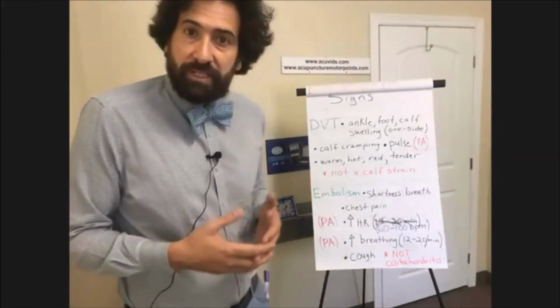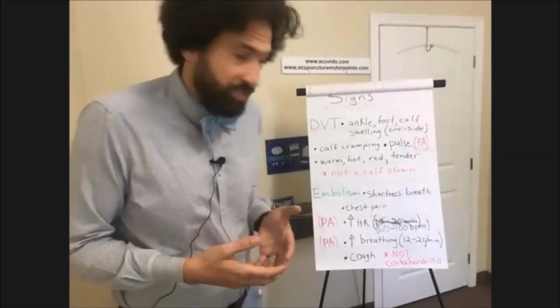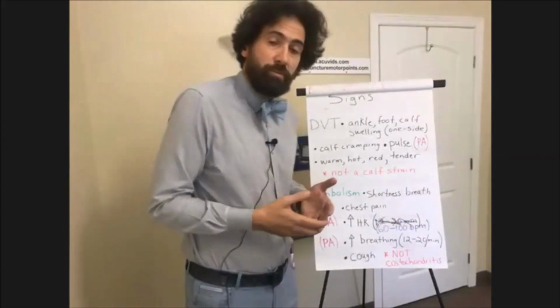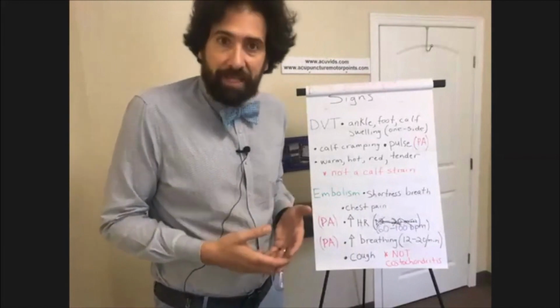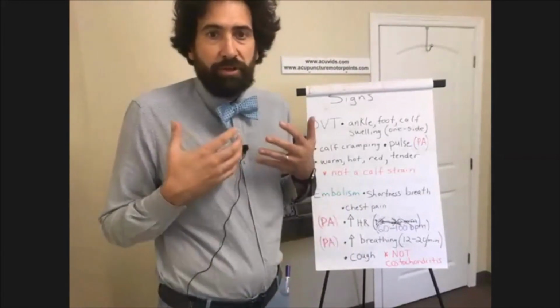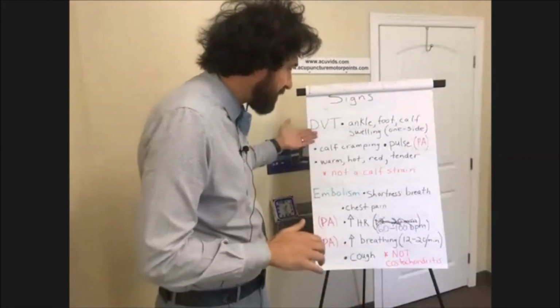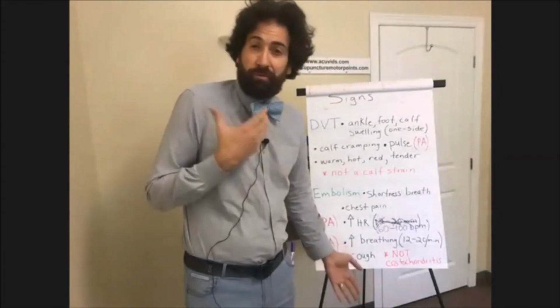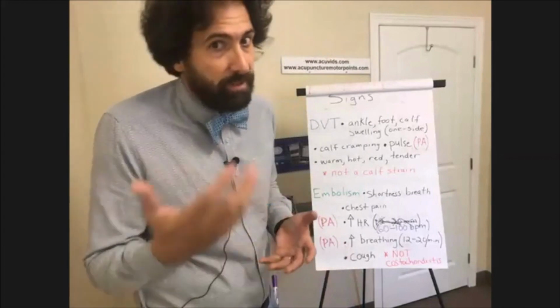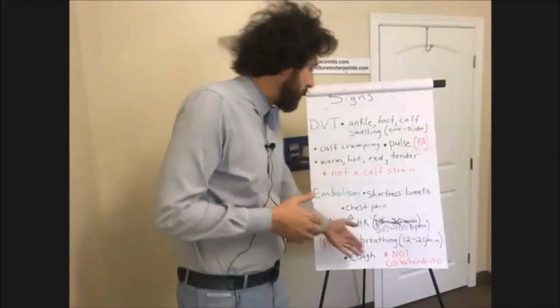Regular respirations is 12 to 20 breaths a minute. If they're panting, if you can tell they have chest pain and shortness of breath, refer out. Other things associated is actually a cough, or a cough that produces blood, of course. Now, this is not costochondritis.